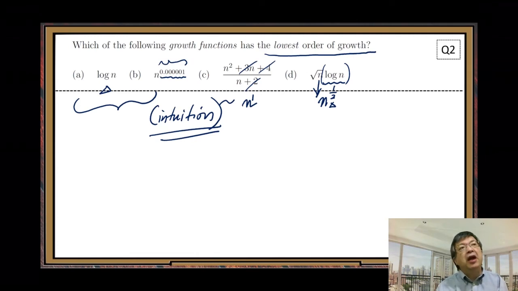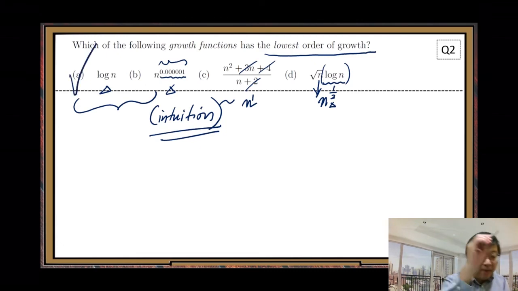That will give you the impression that this expression is very, very small, right? So for that reason, many students pick option B.